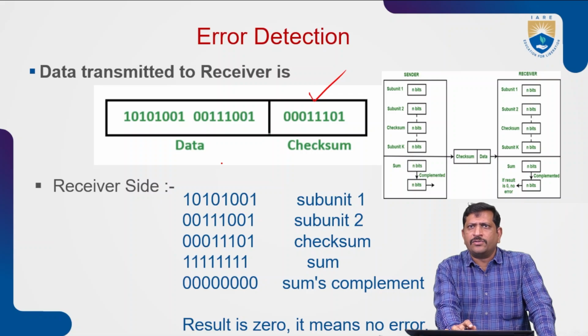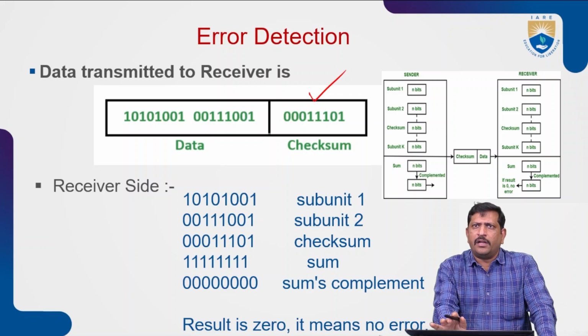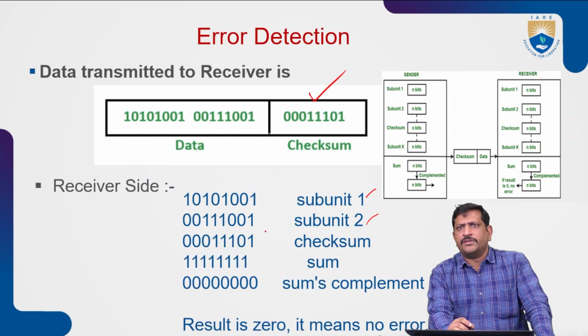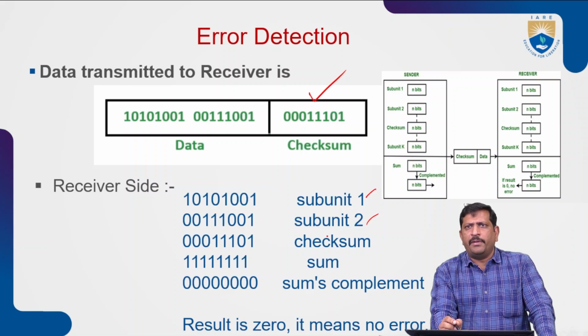On the receiver side, the same operation is performed. The received data is divided into a number of modules, subunit 1 and subunit 2. We sum them and take the complement of the sum.